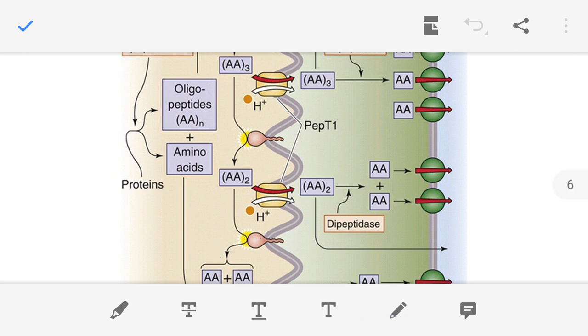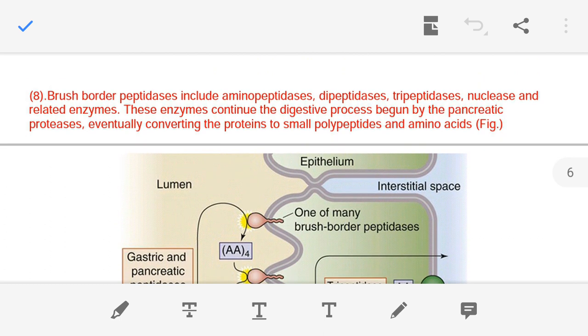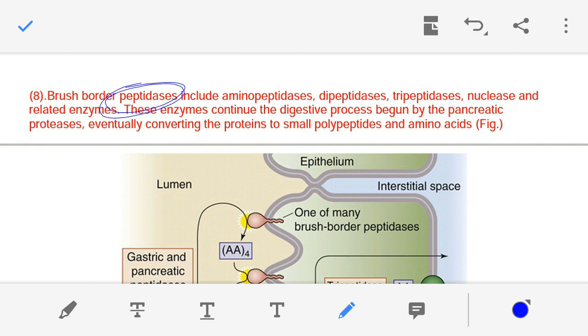So on the brush border the enzymes are located. And what are the names of these enzymes? These enzymes are peptidases, namely aminopeptidases, dipeptidases, tripeptidases, and nuclease and related enzymes present on the brush border.